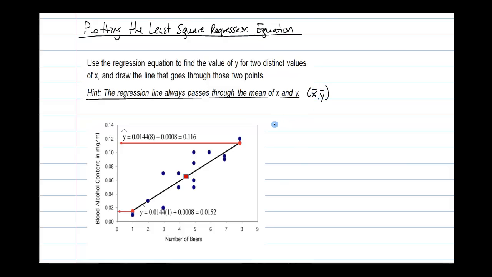Next thing we do is we look at this prediction equation, and again we are given this, we're not going to worry about calculating it. It looks like we have y equals mx plus b, where my slope is 0.0144 x plus our y-intercept is 0.0008. So you can see the importance of not over rounding here.